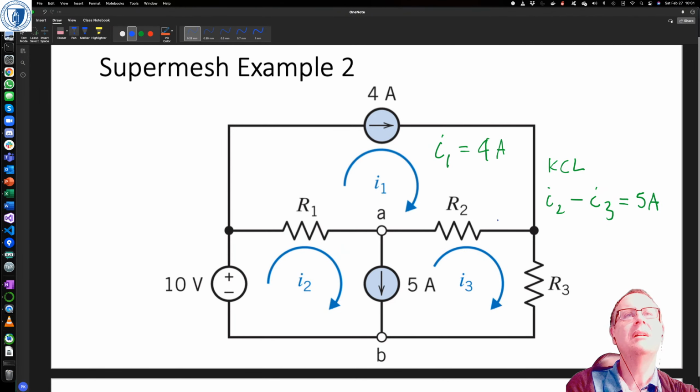So I1 is going around like that. I2, let's go with green, is going around like that. And I3 is going around like that.